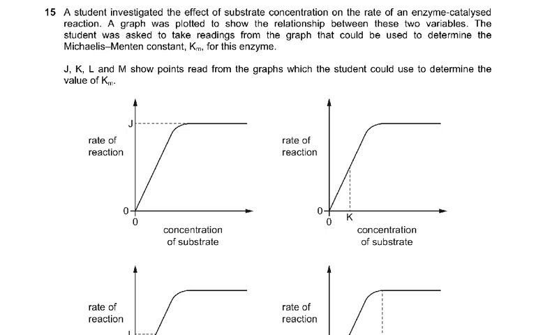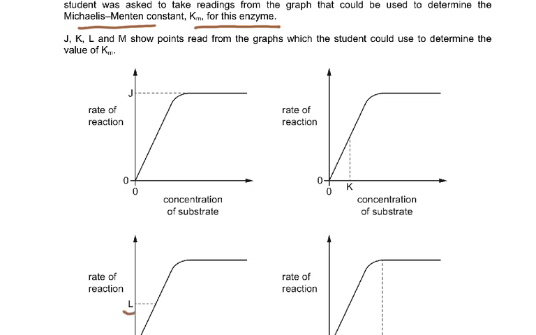Then coming to question number 15. A student investigated the effect of substrate concentration on the rate of an enzyme catalyzed reaction. A graph was plotted to show the relationship between these two variables. The student was asked to take readings from the graph that could be used to determine the Michaelis-Menten constant Km for this enzyme. J, K, L, and M show points read from the graph which the student could use to determine the value of Km. Now you know Km is what? Half Vmax. So half Vmax is L. So this is Vmax.